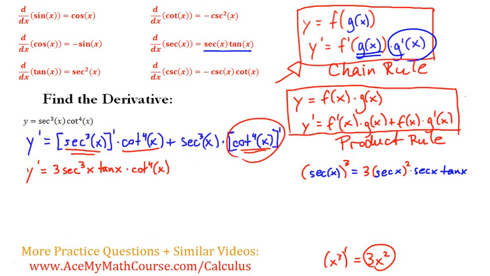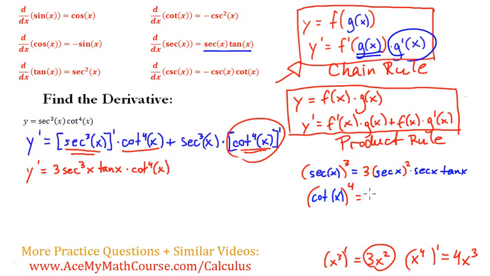Now let's take the derivative of cotangent to the 4 of x. So cotangent, now rewrite it also as cotangent of x to the power of 4. Now what's the derivative of x to the 4? Easy. 4x cubed, right? We're bringing down the exponent, then subtracting 1 from the exponent.